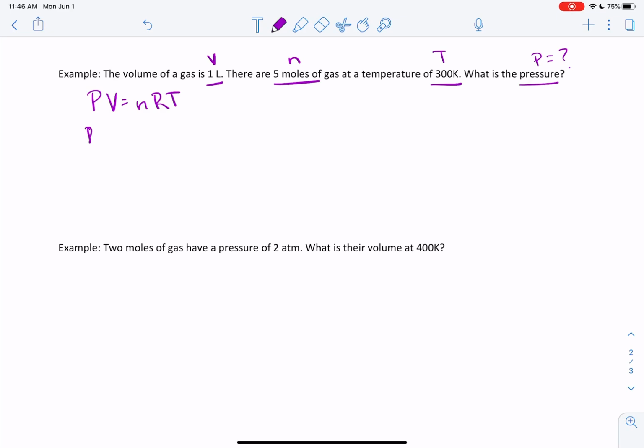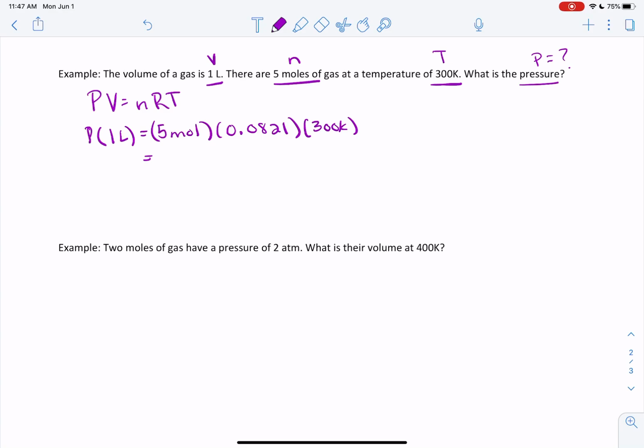We don't know P, we know volume is 1 liter, n is 5 moles, R, we said, is always 0.0821, always, that's what R is. And T is 300 Kelvin. Make sure you're using Kelvin. If you were given Celsius, you'd have to add that 273 to get it into Kelvin before you could use this equation.